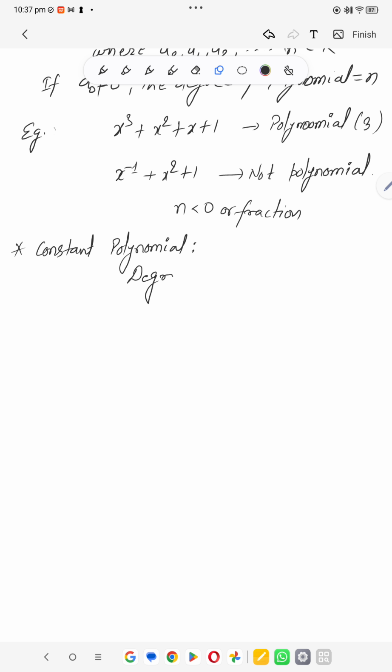The degree of such a polynomial will be 0, like f(x) equals k, where k belongs to R. f(x) equals k times x to the power 0, so here the degree is 0.